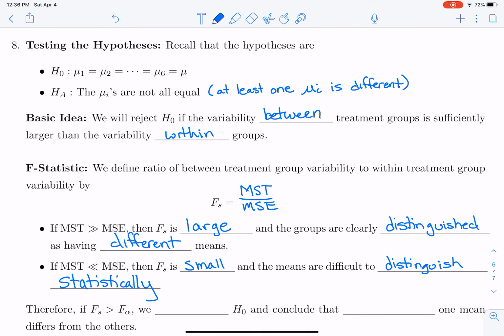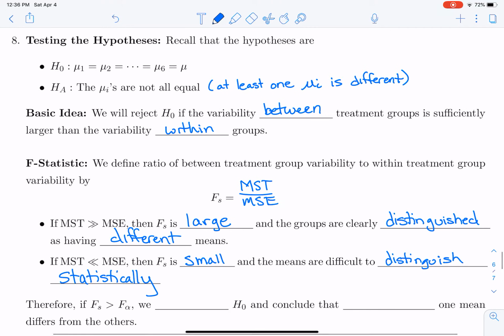Okay, so if our test statistic F sub s is bigger than F sub alpha, then we're going to reject the null hypothesis. So our rejection region is F sub s greater than F sub alpha.